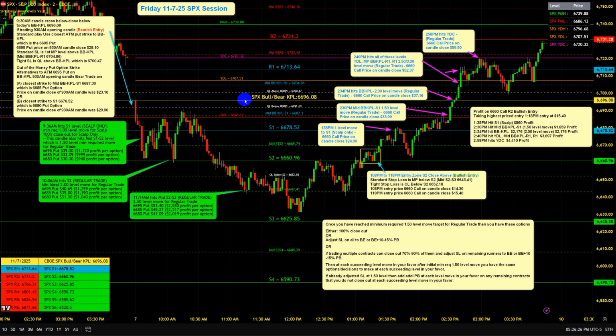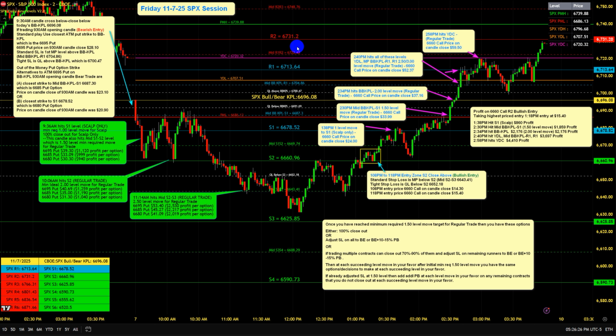So keep in mind that this is basically the initial bias of the session. That does not mean that you cannot focus on other trades that would be bullish if we have an initial bearish bias, because in many sessions there will be bullish opportunities below the bull-bear KPL for price rising back up through the different key levels and perhaps to the bull-bear key price level and beyond.